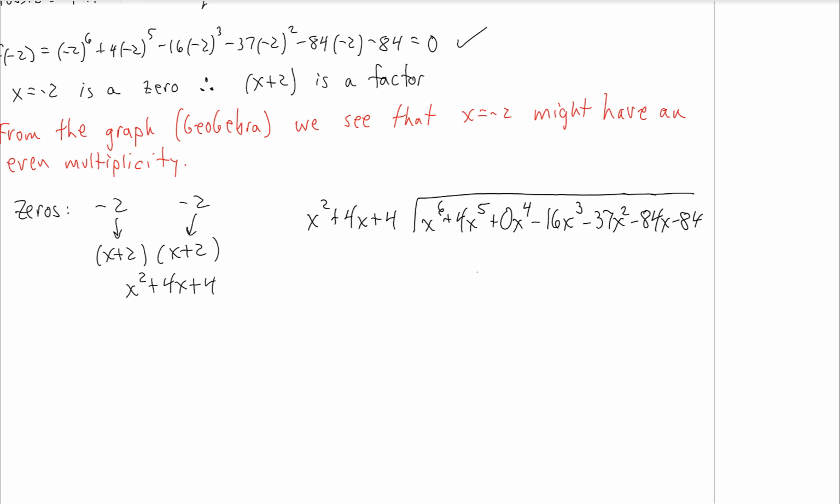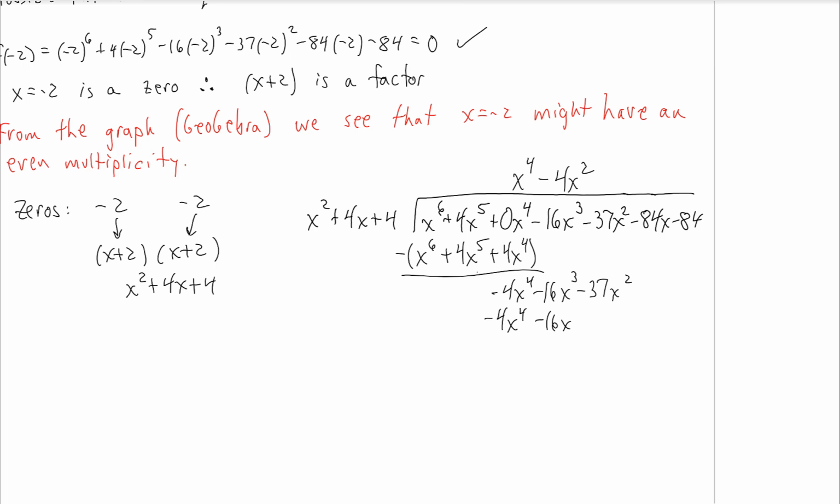So let's see, x squared times x to the 4th. And then that would be 4x to the 5th. And that would be 4x to the 4th. There we go. Now I've got my x to the 6th accounted for. And then we'd get, let's see, negative 4x squared. Then when we subtract, that'd be 0, that'd be 0.